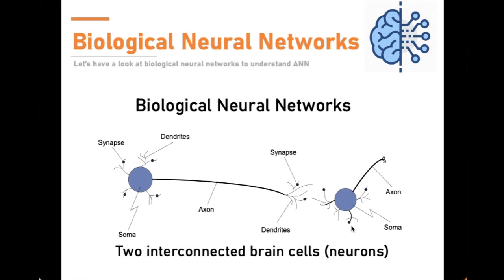We say that the neuron is the building block of neural networks. It is a cell just like any other cell in our bodies, which has a DNA code, and it is generated in the same way as the other cells of our bodies.